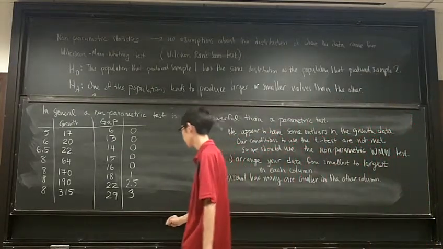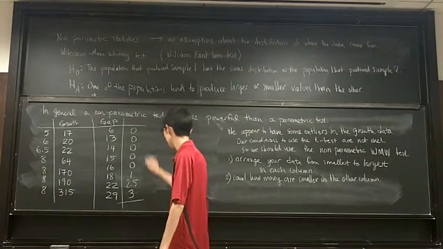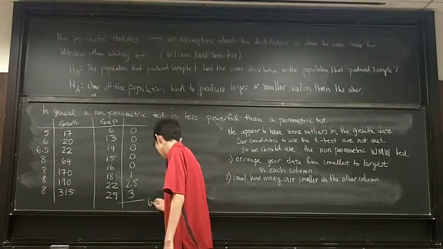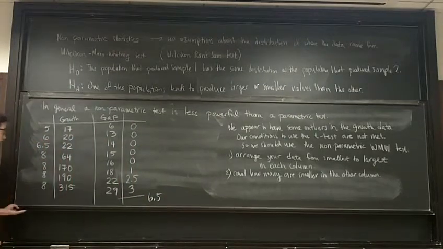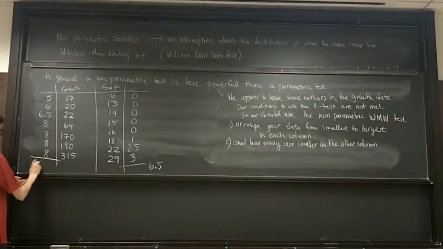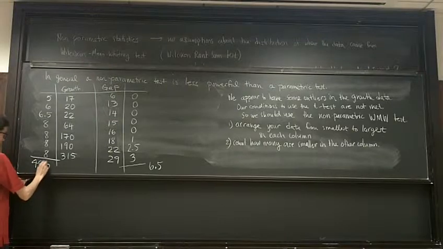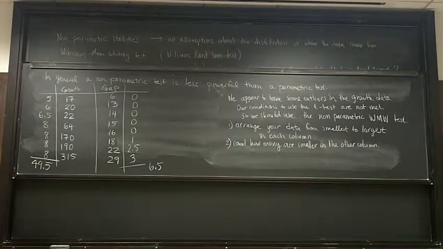Then you add these up. So the sum of this column is 6.5, and when you add all of these numbers up, you get 49.5.